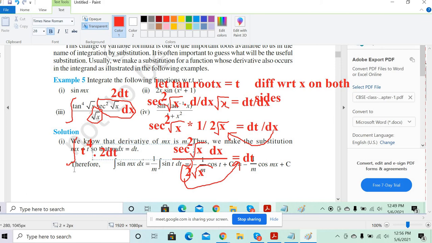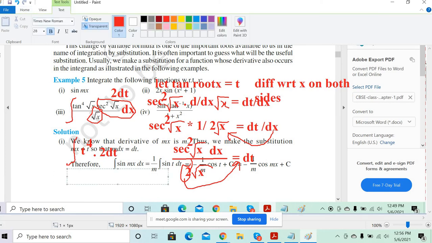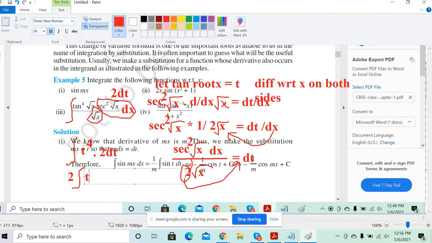Correct? Yes, sir. Now 2 is a constant, so you can take the 2 outside the integration. Now this becomes t power 4 dt, isn't it?